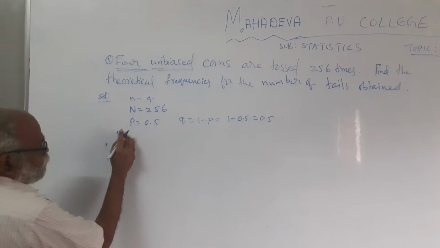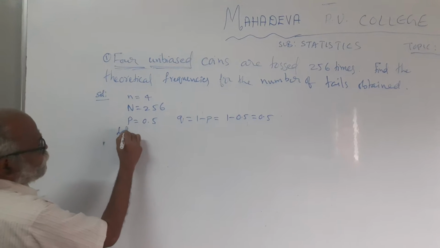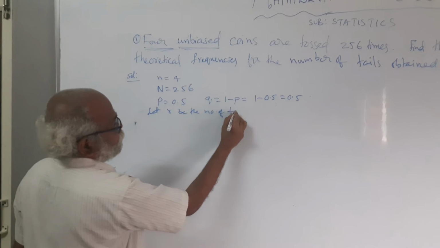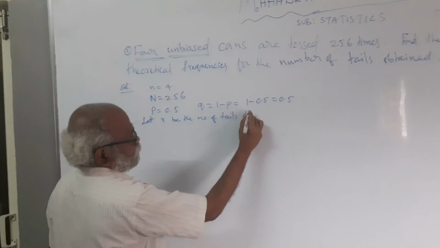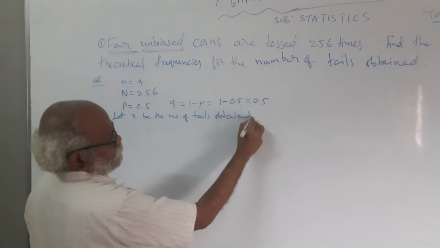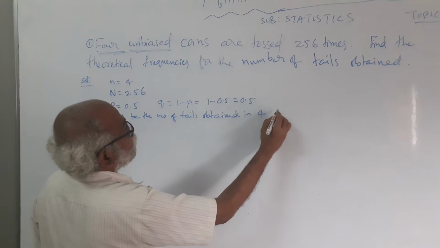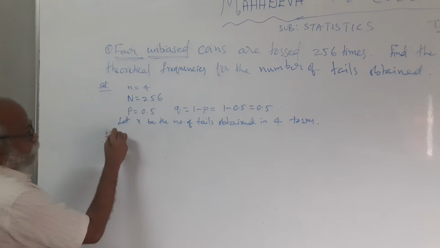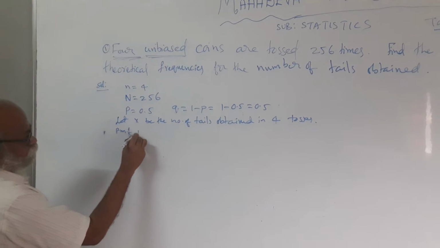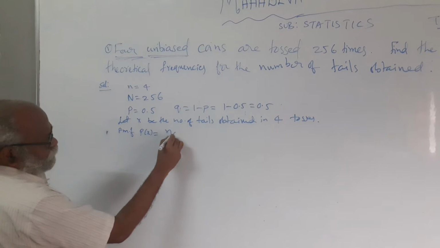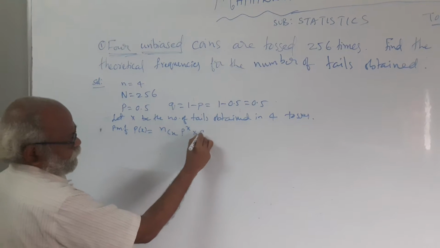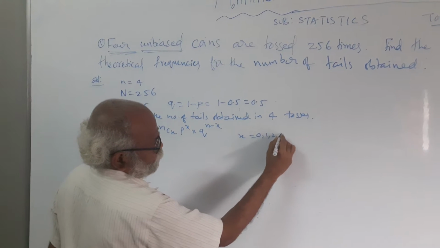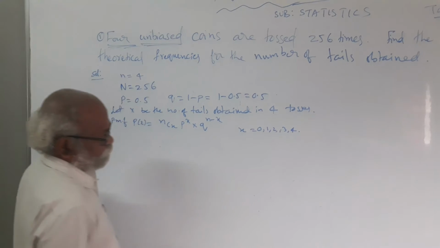Before the PMF, let X be the number of tails obtained in 4 tosses. Then the PMF, P of x is equal to nCx, p to the power of x into q to the power of n minus x. X is 0, 1, 2, 3 and 4.